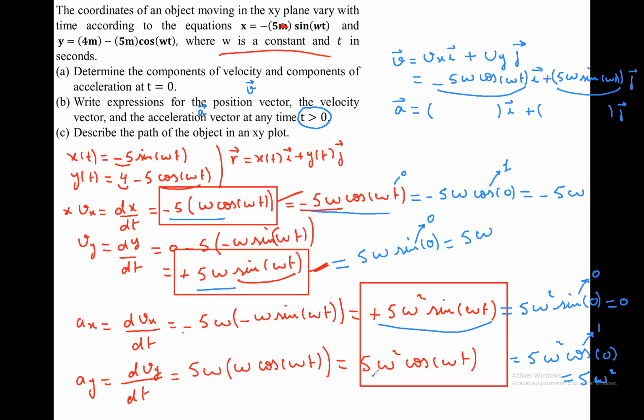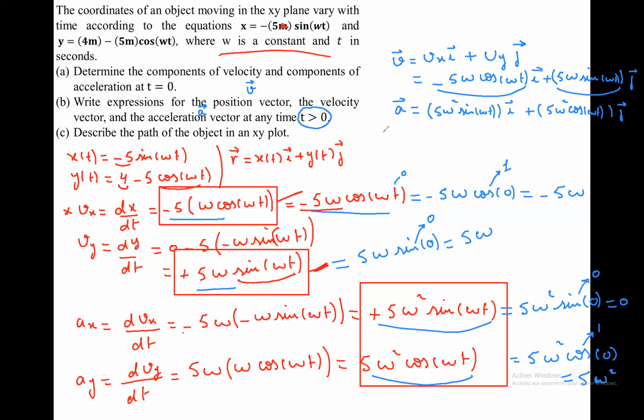In function of t, Ax equal 5 omega square sine omega t, and Ay equal 5 omega square cosine omega t. These are the components.